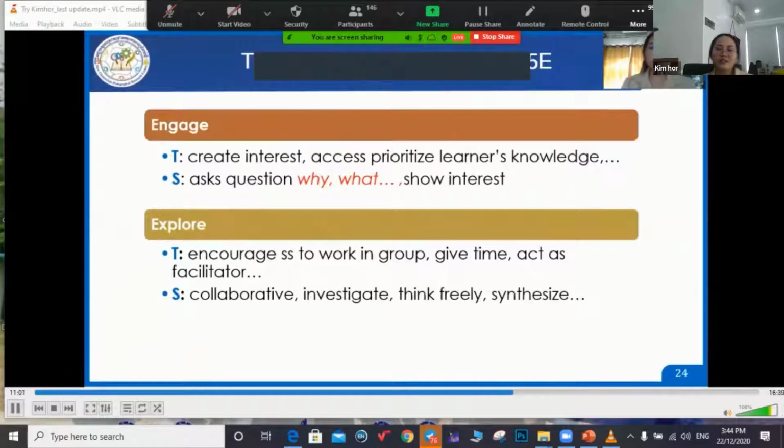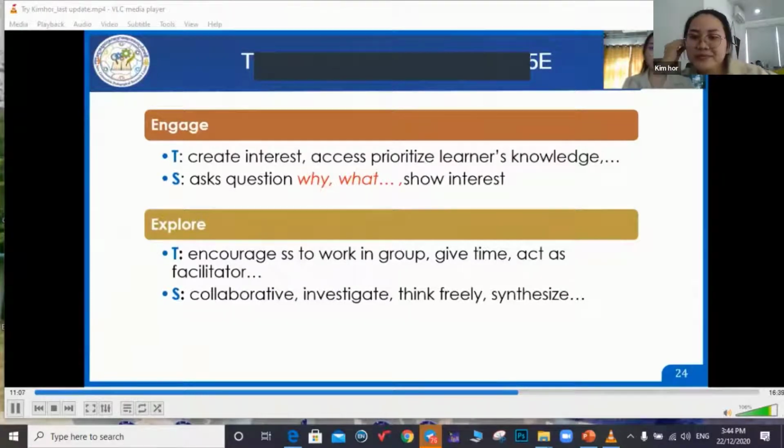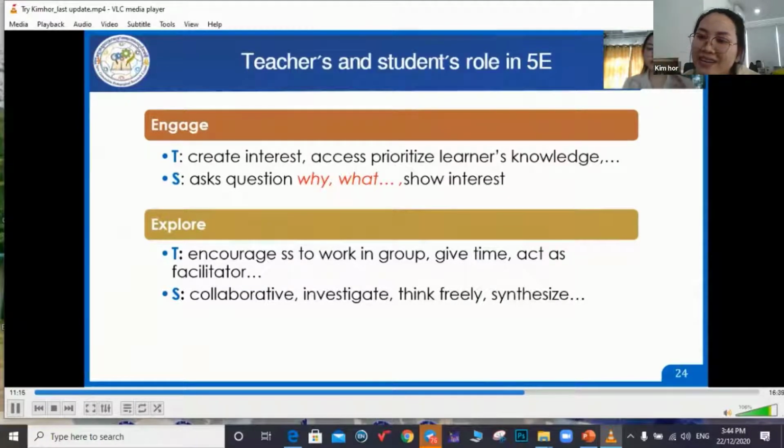And this section is talking about the teacher and student roles in the 5Es. For engage first, as I mentioned in the previous slide, the teachers have to create interest to make students interested in the lessons. That is very important.